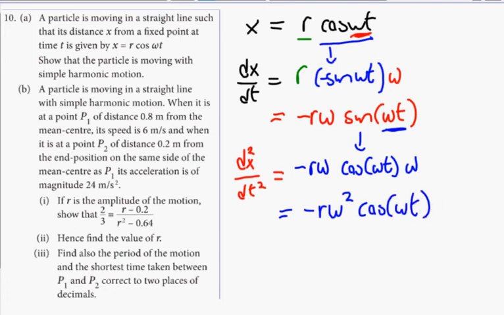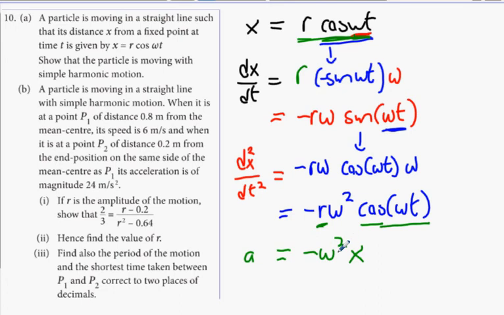Compared to the beginning, if you look at x, x has r cos omega t in it. So what you get here, guys, is minus omega squared x. The second derivative is the acceleration. Acceleration equals minus omega squared x.